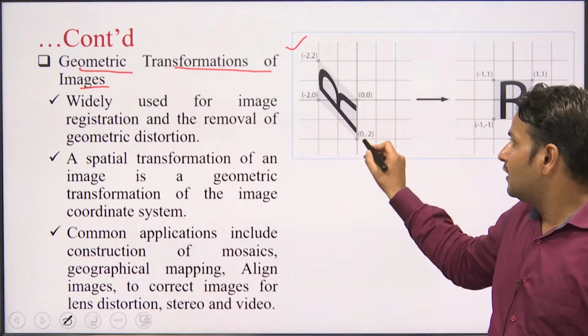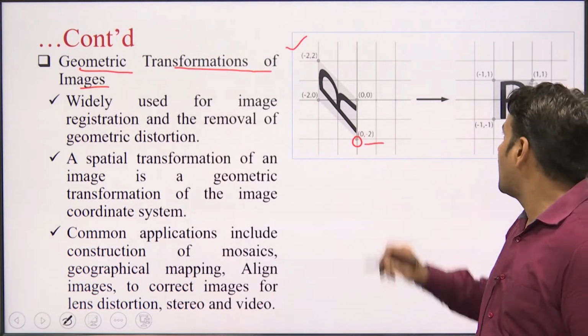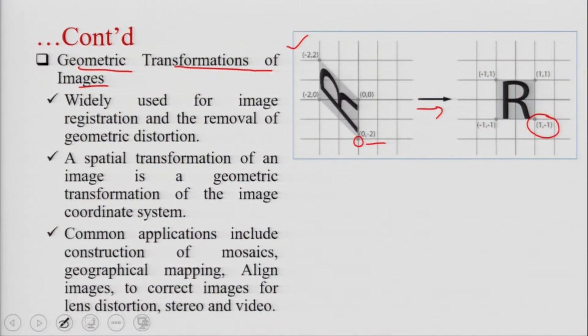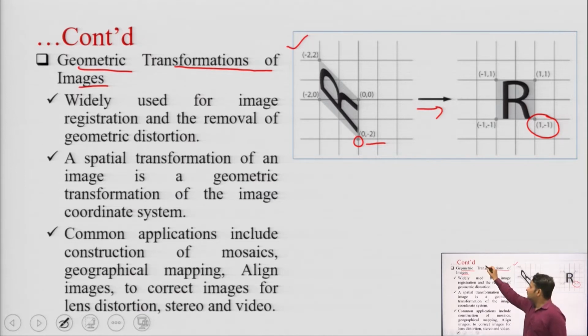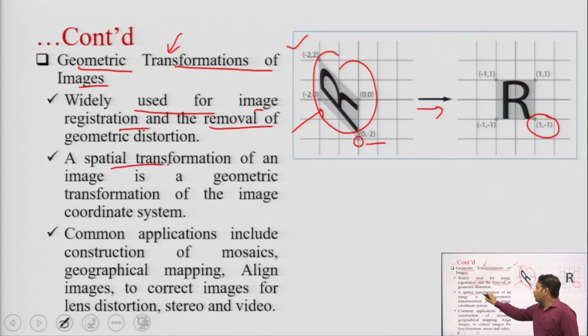As you can see here, this point is present at 0 comma minus 2, and if you tilt this image, it turns out to be 1 comma minus 1. So, that transforms its coordinates. It is widely used for image registration and the removal of geometric distortion. If you move this image, some of the distortion that is totally undesired can be removed from the image. And which kind of transformation are we performing here?